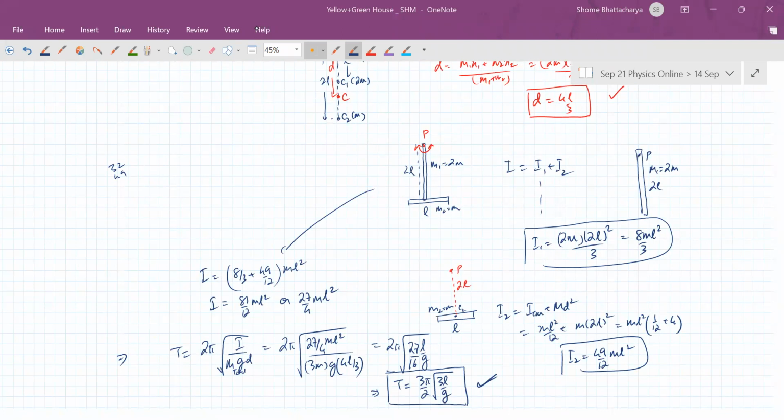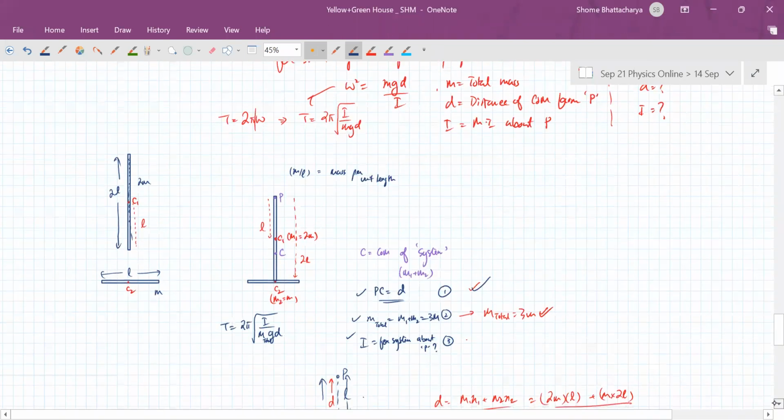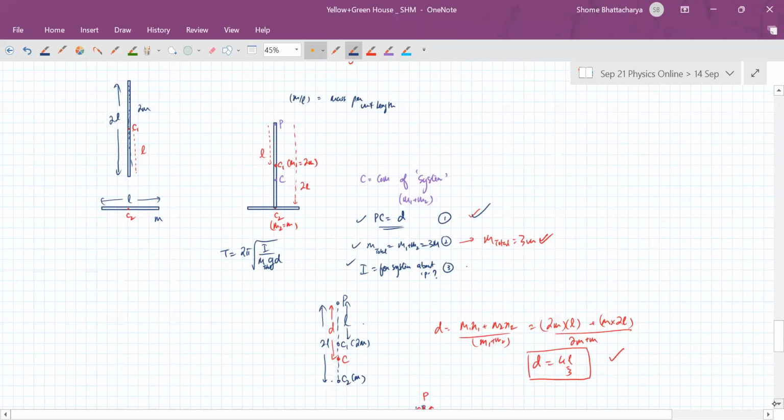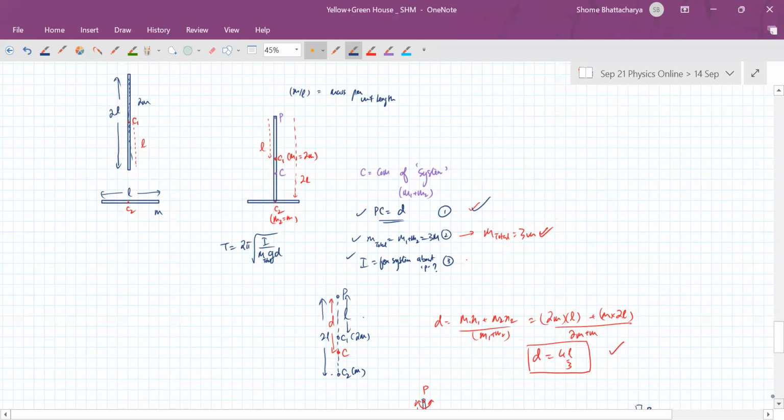Yes, beta. Sir, can you please scroll it a bit more? Further up. Okay. Yes, sir. This part. This center of mass part. Okay. Sir, again, can you please go further up?